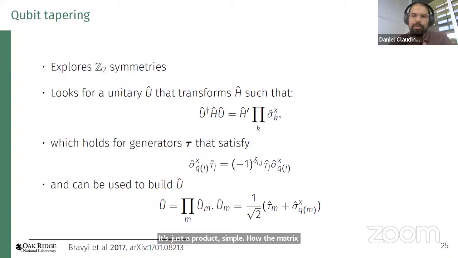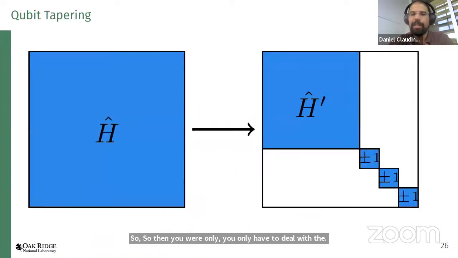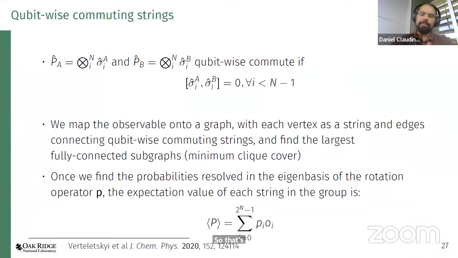So then you only have to deal with the H prime in that smaller subspace. A graphical representation of that is this one. So that's one way that we can approach the problem and save some resources.